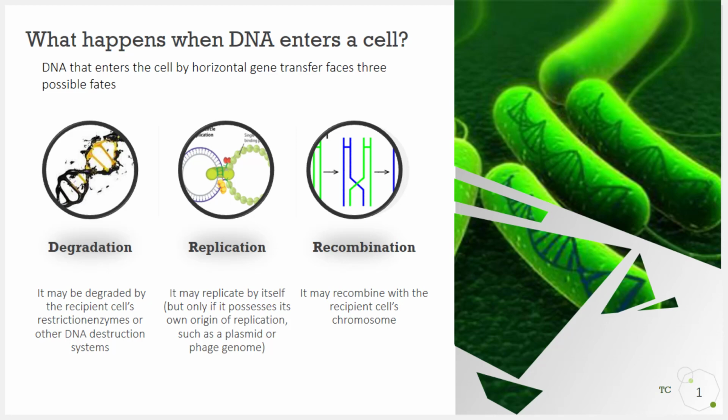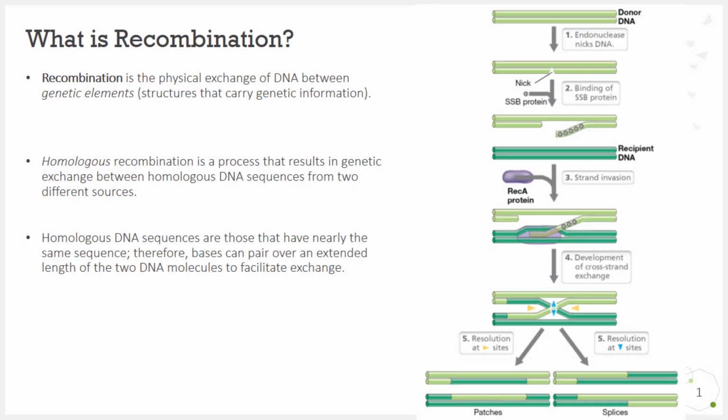The first one is that it may be degraded by the recipient cell's restriction enzymes or some other DNA destruction systems. Number two, it may replicate itself, but of course, this would only happen if it possesses its own origin of replication, such as a plasmid or a phage genome. And third, it may recombine with the recipient cell's chromosome. Now, the word recombine comes from recombination.